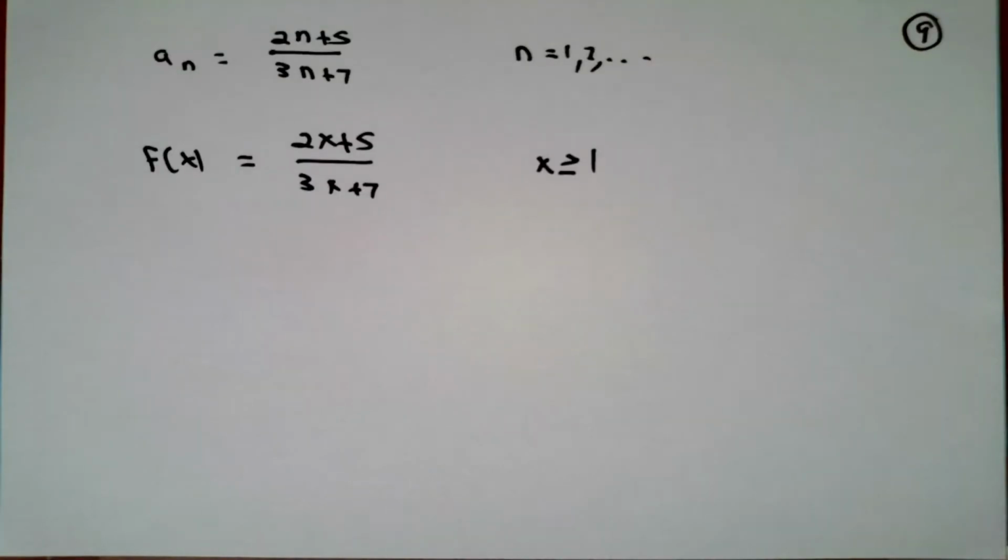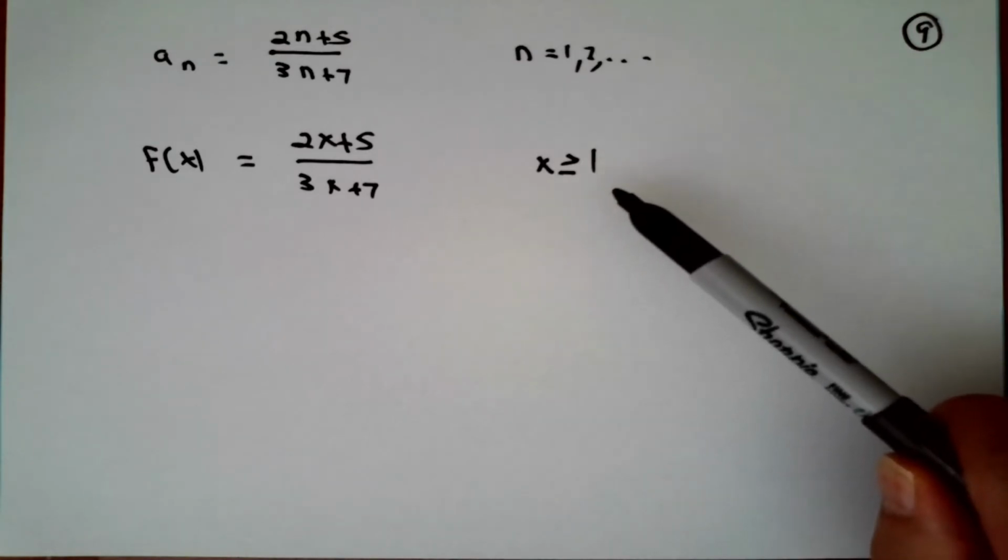So another way to investigate the sequence (2n plus 5) over (3n plus 7) is to look at the function f of x equals (2x plus 5) over (3x plus 7). In the original sequence, n could take on values 1, 2, 3, and so on. So I'm only interested in x's that are compatible with that range.